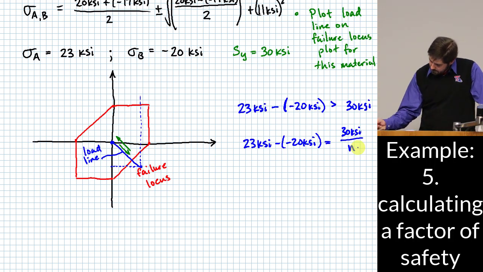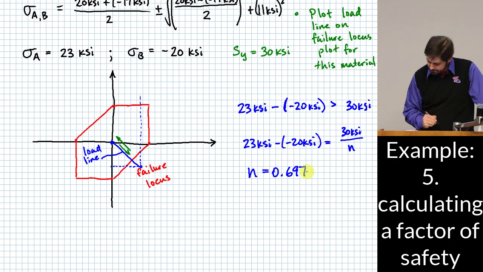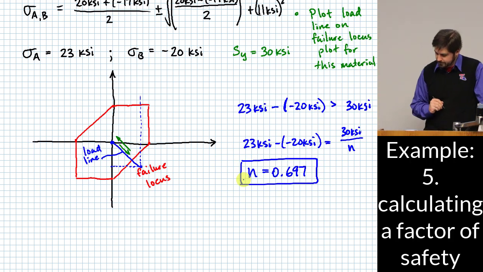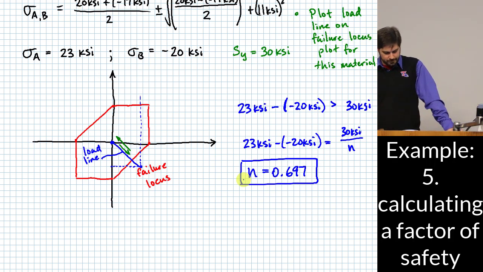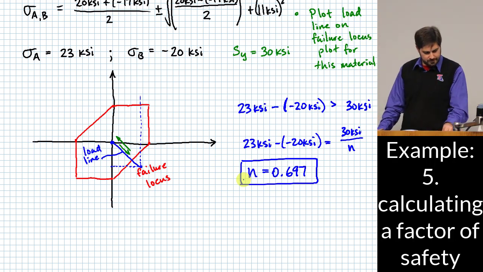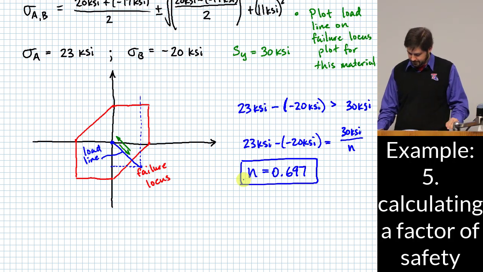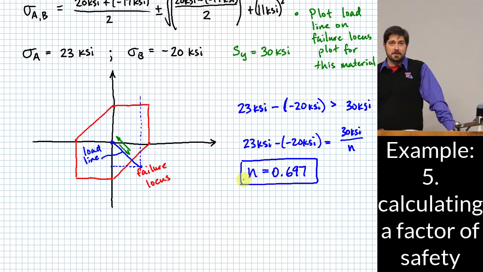Okay, and if you solve for n here, n becomes 0.697. Stuff's actually not that hard. That's it. So we've now dealt with maximum shear stress theory as one of the possible failure criteria that we have here, or failure criterion.